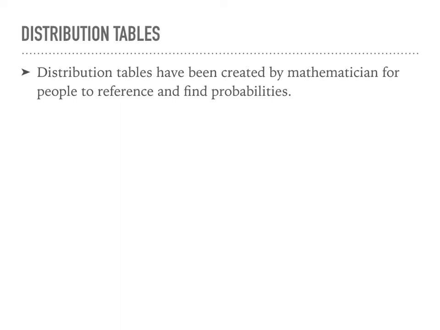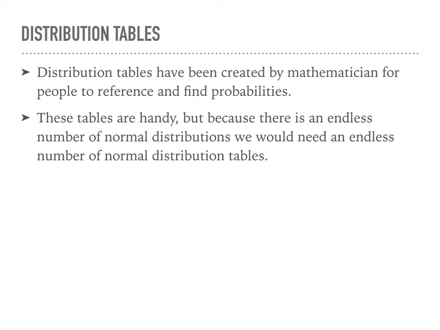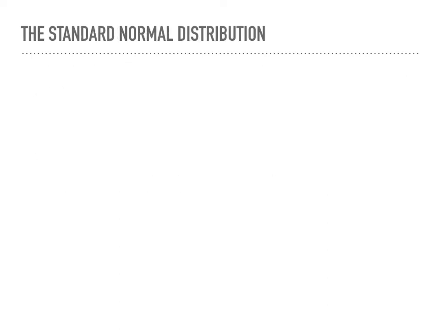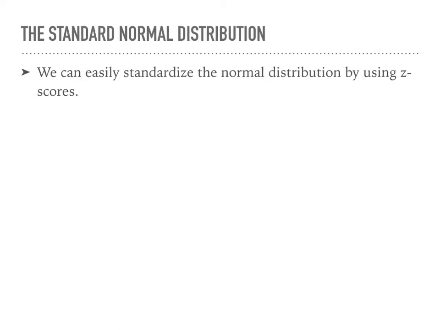Distribution tables have been created by mathematicians for people to reference and find probabilities. These tables are handy, but because there is an endless number of normal distributions, we would need an endless number of normal distribution tables. The solution is to standardize the normal distribution. So let's take a look at the standard normal distribution.